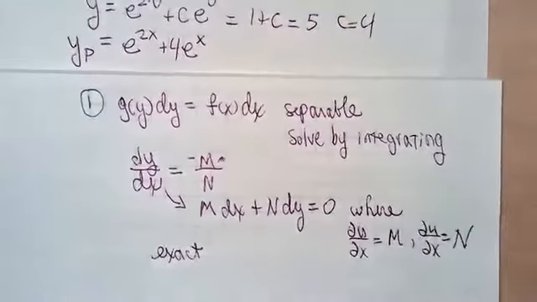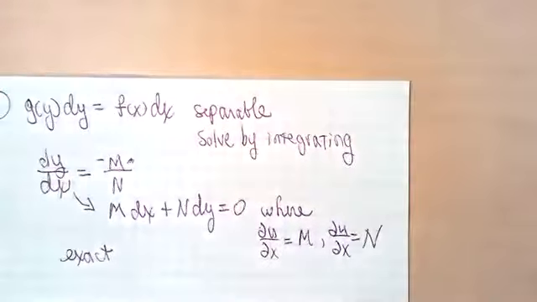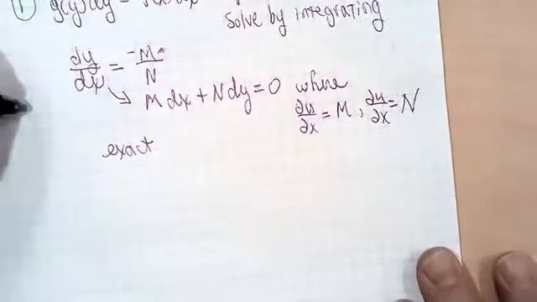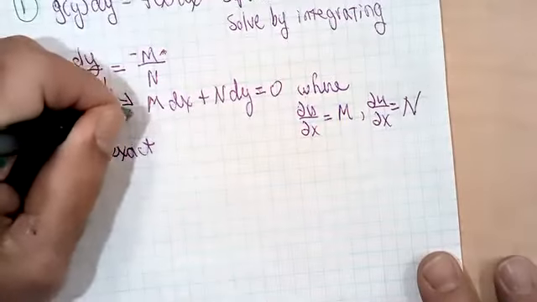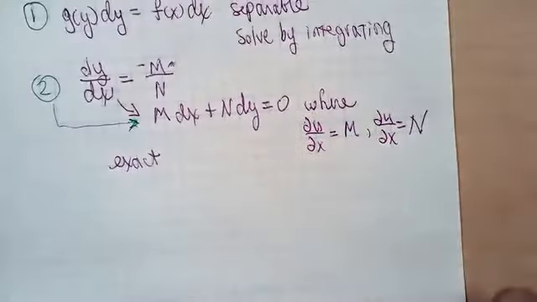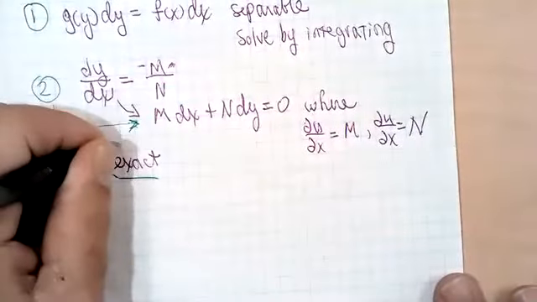Case 1, your equation could possibly be separable. Case 2, you get around to something which you can recognize as exact.